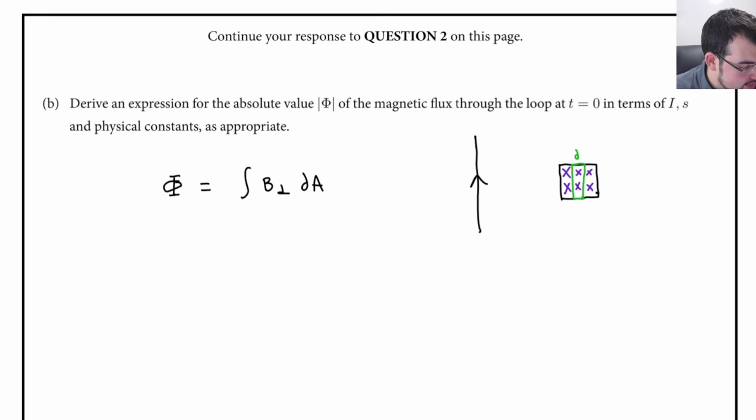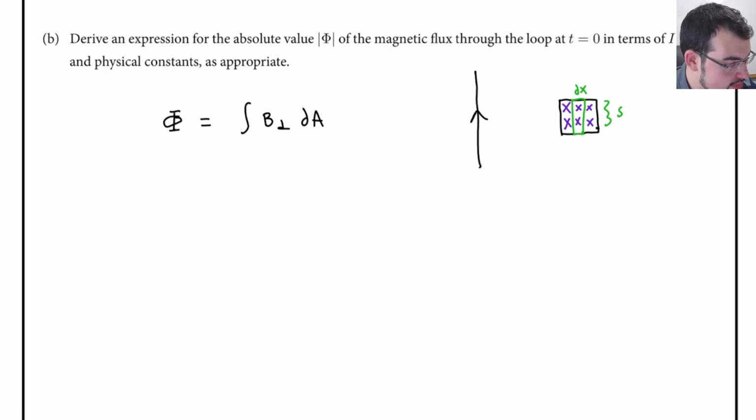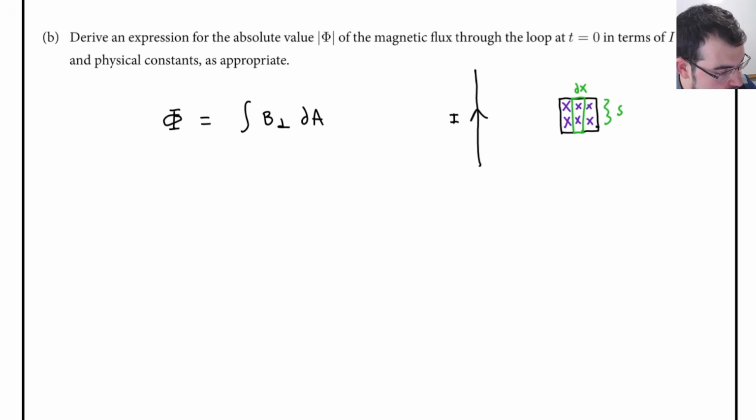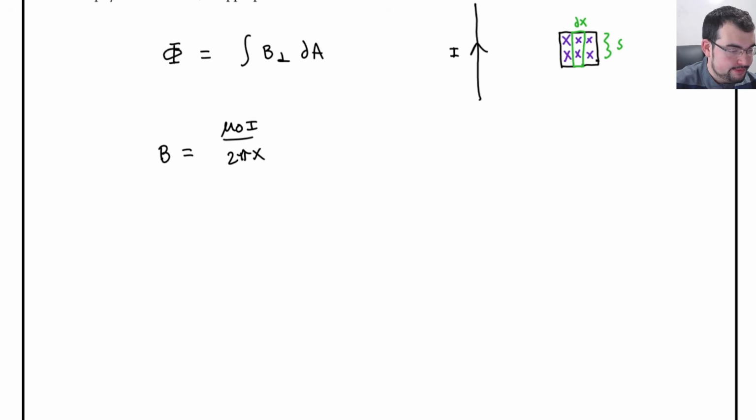So these strips are going to have length dx, and the width will be s, because it's an entire square's worth of length, but there's these tiny segments dx. So then we got to figure out what B is. Well, this is a wire, so we know that B is just B wire, mu naught I over 2 pi x, where x is the distance from the loop.